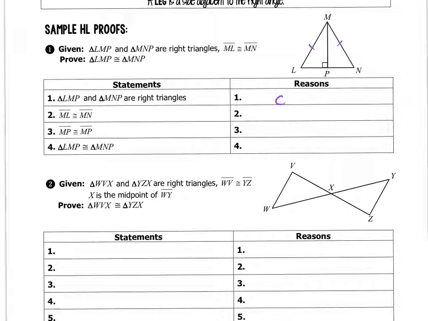This is fairly easy, right? The first two are given, and then MP is congruent to MP, and that's by the reflexive property. And therefore, by HL, the two triangles are congruent.